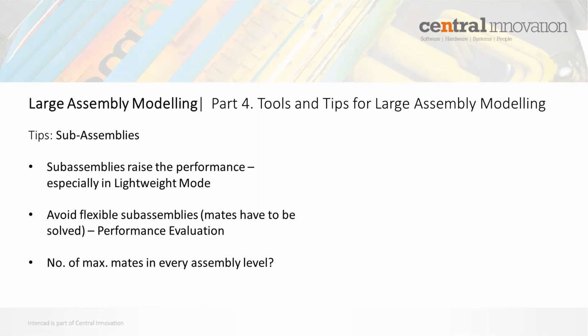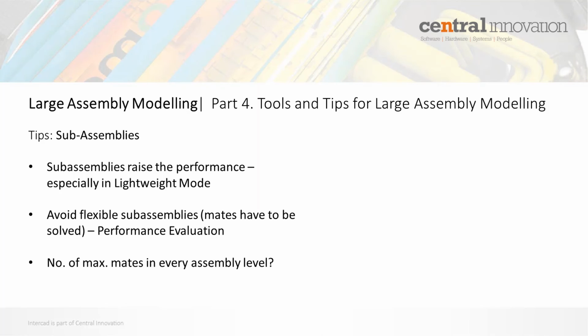A few releases ago, it used to be advised that you should aim to keep your number of mates below 150 at the top level of any assembly. SolidWorks have since advised me directly that there is no actual cap, but ideally you should still be using sub-assemblies to help minimize the number of mates at the top level.